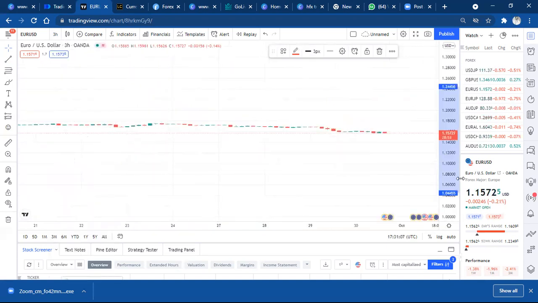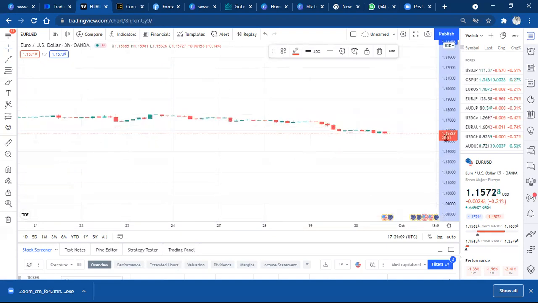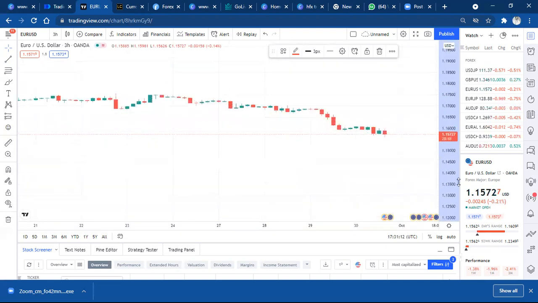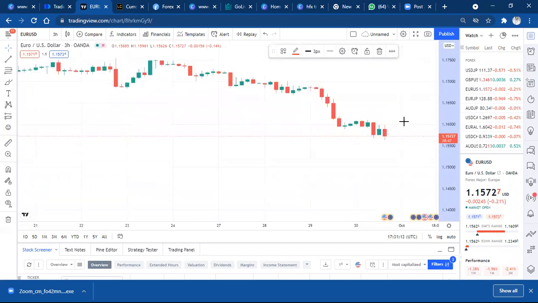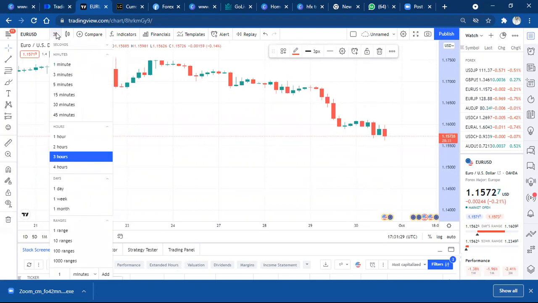It means each candle you see here, and I need to also mention that each one of these figures is a candle. The candles may have different shapes, they may have different colors, but each one of them is a candle. Each candle you can see here is equivalent to the time frame.